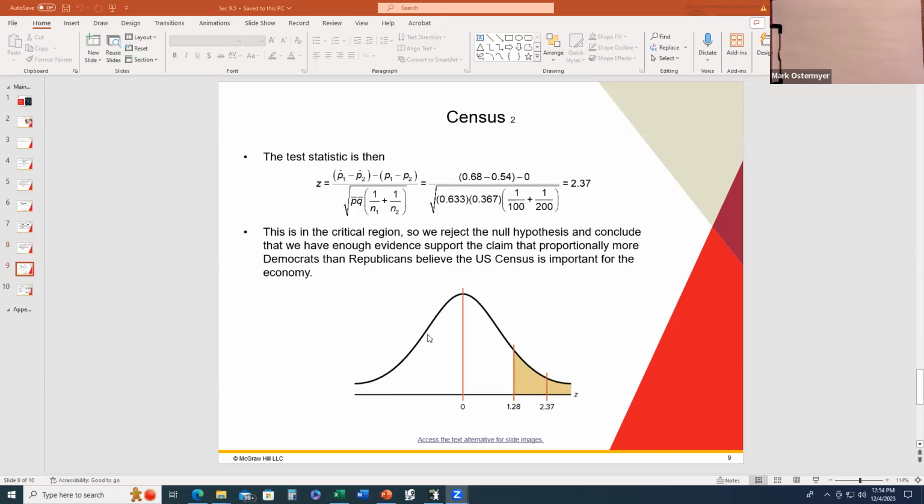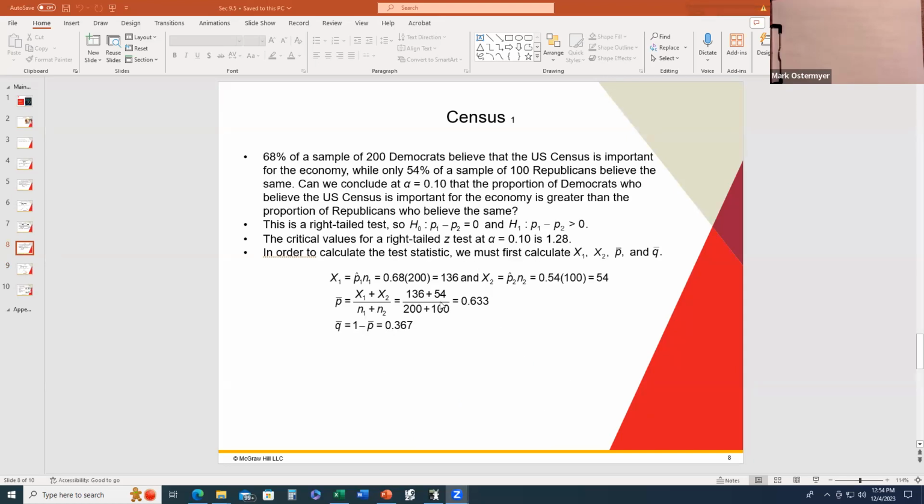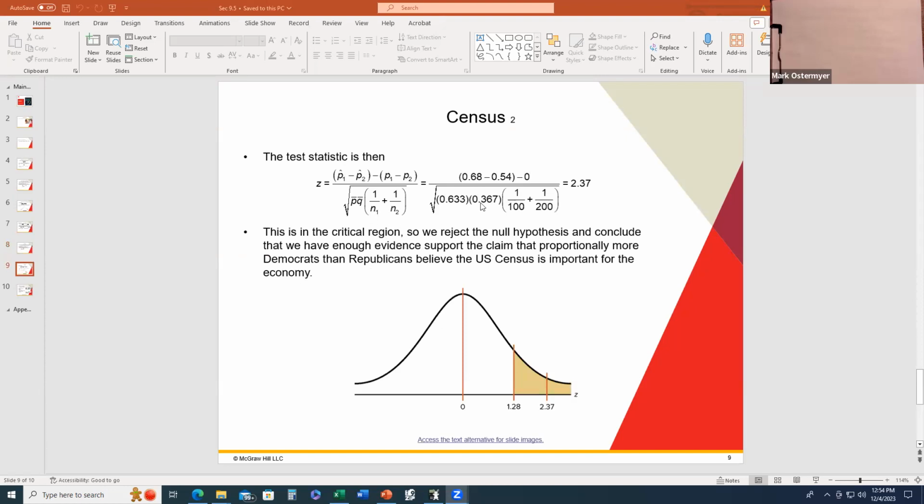All right, your test statistic now gets loaded up with the known quantities. So P bar again is 0.633, Q bar is 0.367. Everything is loaded in there, substituted everything in where it belongs. We get a test statistic of 2.37.